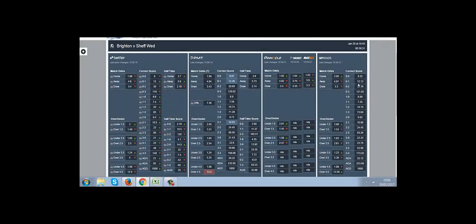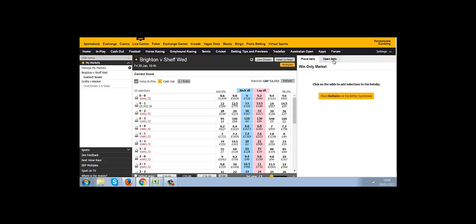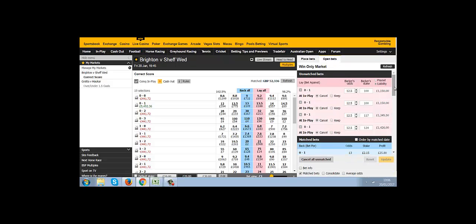So look at the 0-1 price. PMT has it lower, as does the spread firm as well. Looking at the under 2.5, that's fairly similar, but how can the 0-1 on the spreads be 12.13 and they got the Sheffield Wednesday price at 4.9? The price must come in.